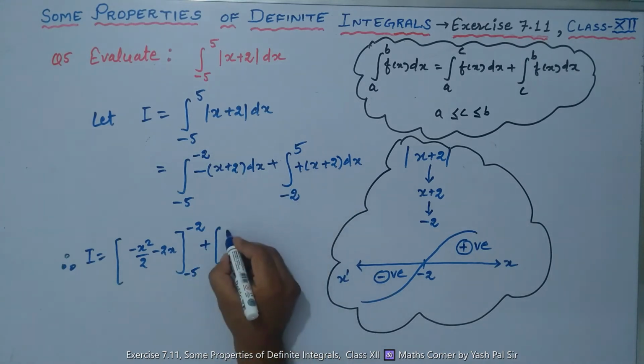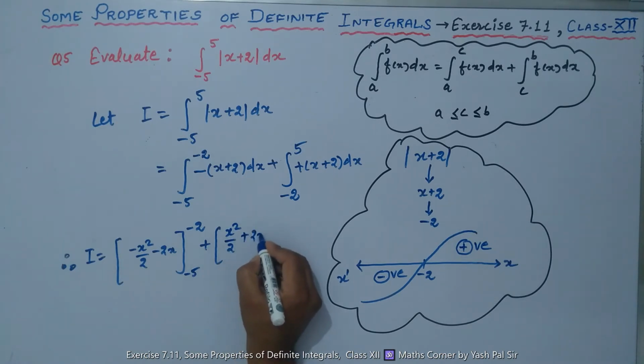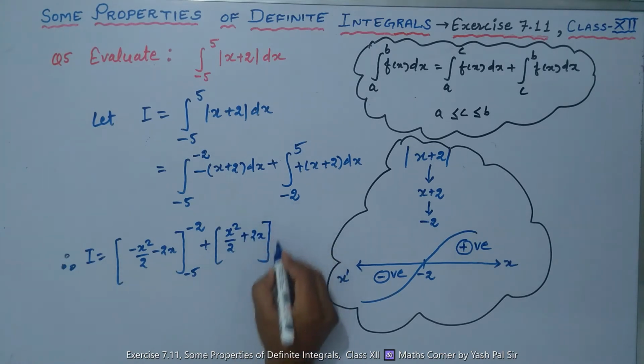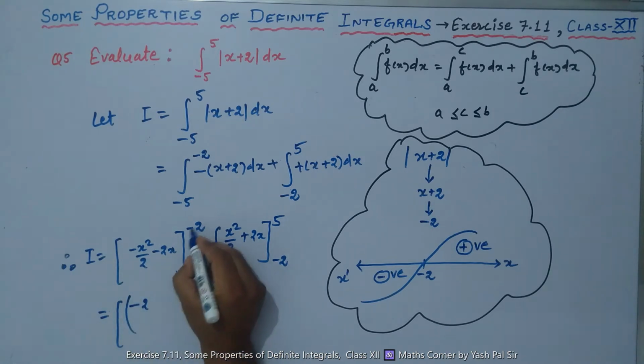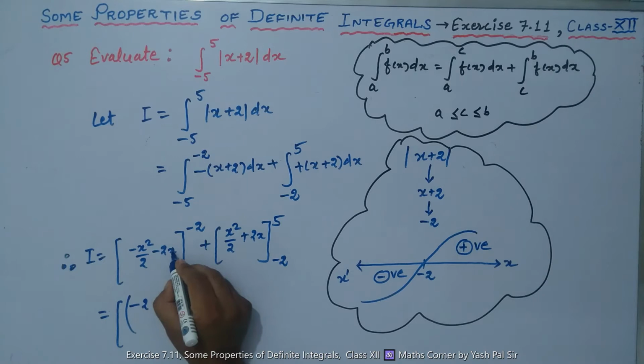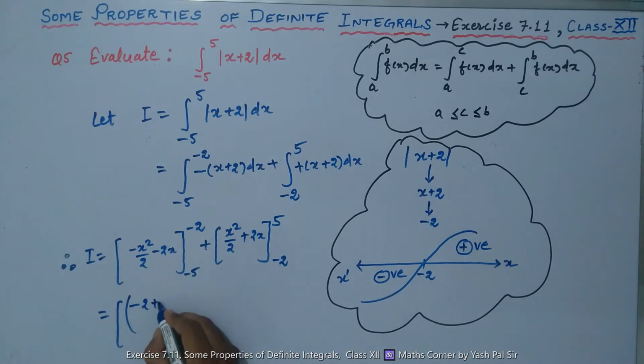Here again x square upon 2 plus 2x, lower limit is minus 2, upper limit is 5. So this way, first of all put minus 2 in place of x. So this becomes minus 4 upon 2, that is minus 2. Then minus 2 into minus 2 plus 4, minus sign.